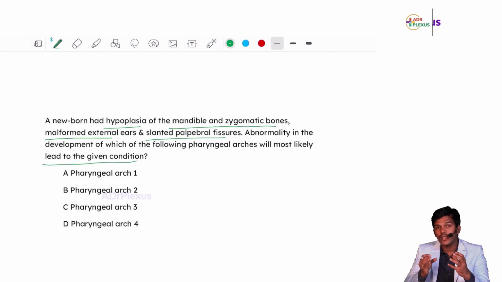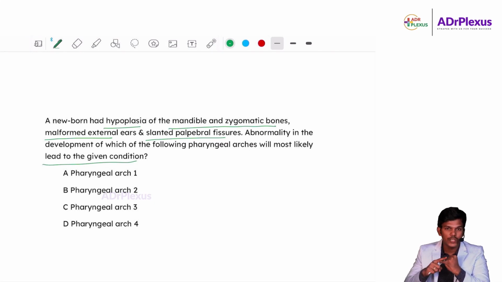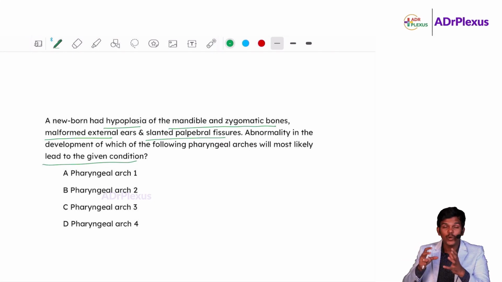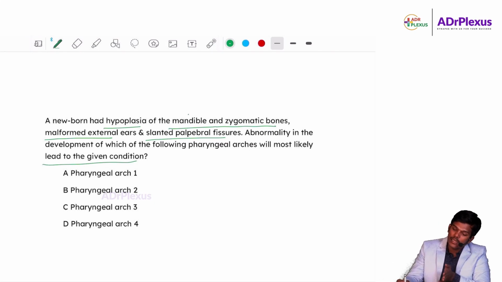Okay, if the first and second arch is defective, there is a particular syndrome that will not only have an ear defect, because the first arch is the mandibular arch, it will give rise not only to the ear, it will also give rise to the mandible and important aspects of the face. Okay, second, the facial nerve arch, it will give rise to important structures of the face.